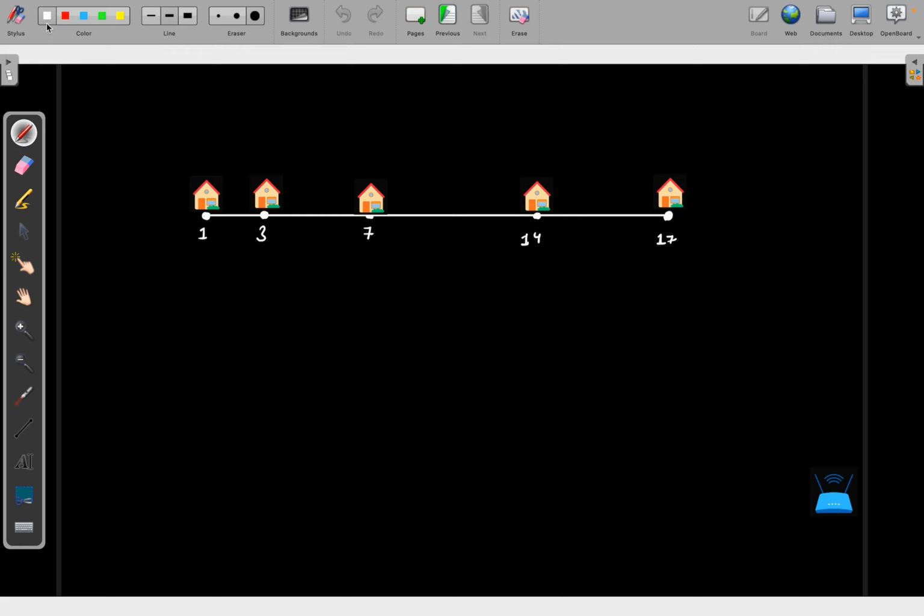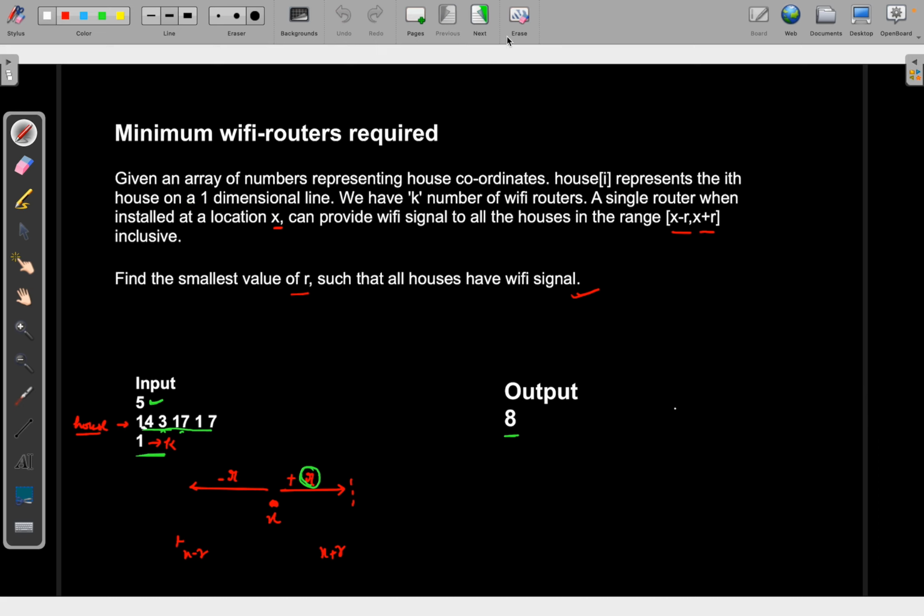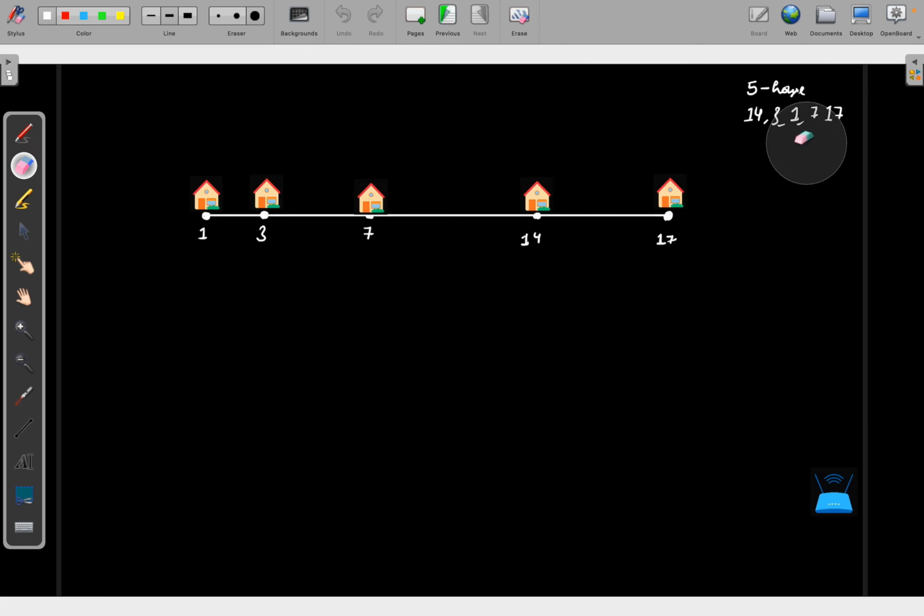So we have this array, 5 houses, and 14, 3, 7, 17, 1.